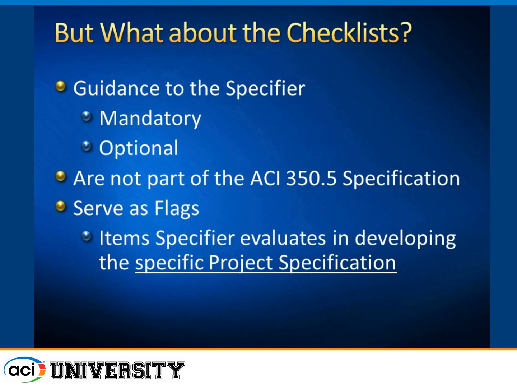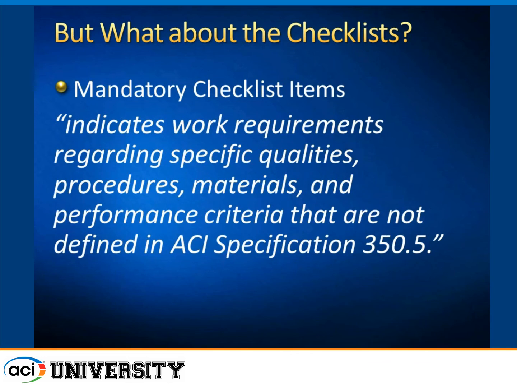And I'll give you some specifics. But the mandatory checklist is work requirements, specific qualities, procedures, materials, and performance criteria that we don't define in ACI 350.5. So we don't give you a default value because we know that you as the consulting engineer will look at that and put the appropriate value in your contract documents.